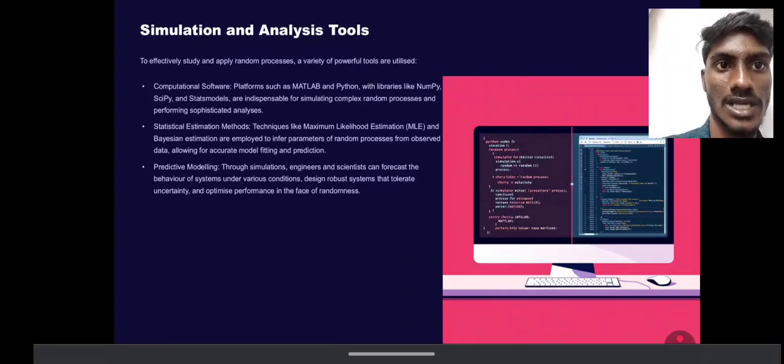Predictive modeling through simulation lets engineers and scientists forecast the behavior of the system under various conditions, and design robust systems that tolerate uncertainty and optimize performance in the face of randomness.